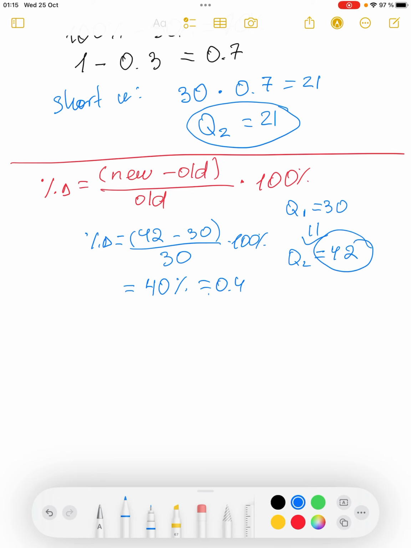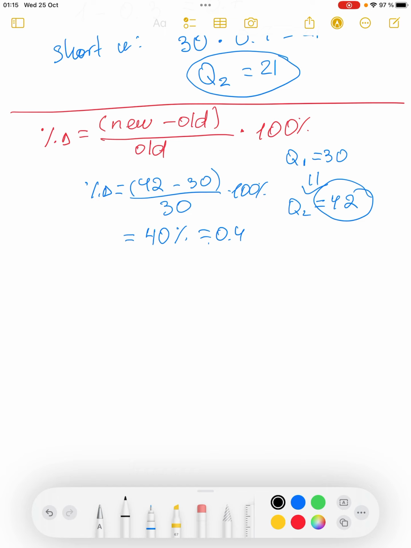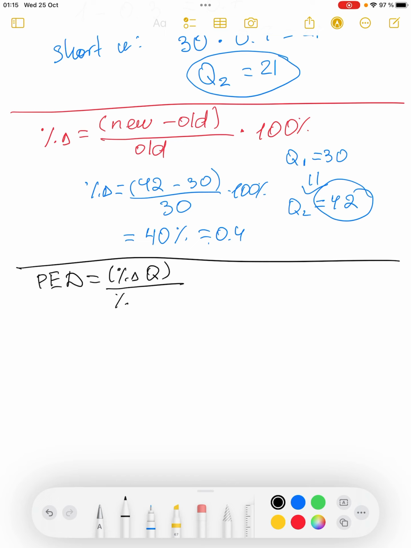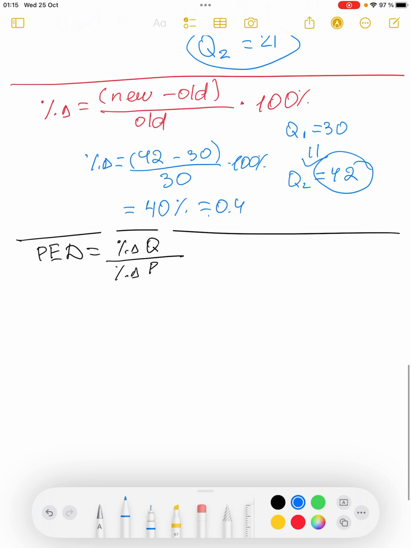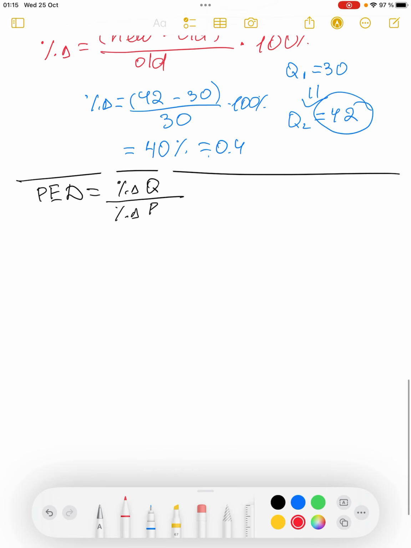Now, price elasticity of demand. If we remember, how do we calculate it? It's percentage change in quantity over percentage change in price. And I don't know why I put the brackets there. There shouldn't be any brackets. So let's just do one final example and I'm going to be done with that.